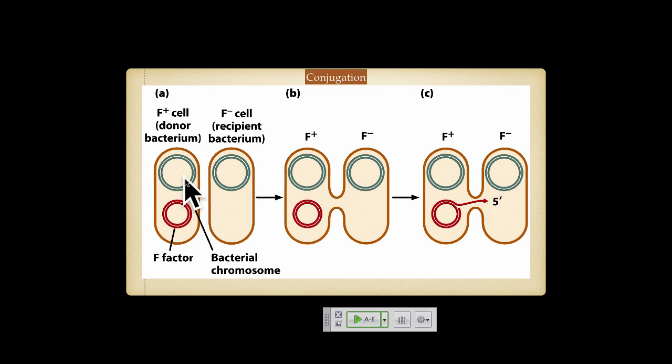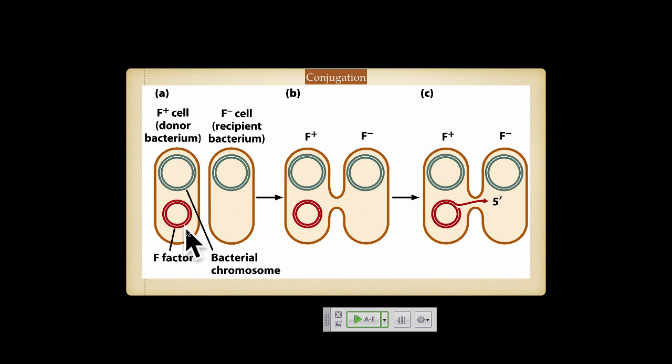Okay, so what we're doing is talking about the sex life of E. coli, or more scientifically, how genetic information gets transferred from one bacterial cell to another. We're going to use E. coli as our one example of this process of conjugation. There's a physical transfer of DNA from one cell to the other.